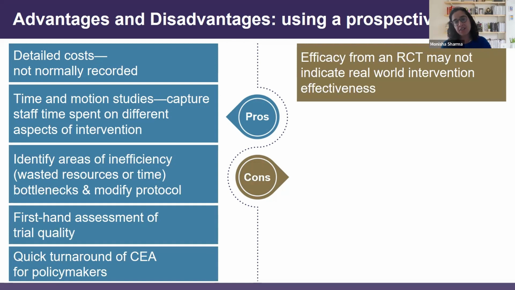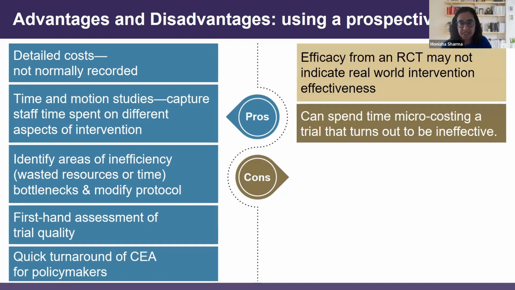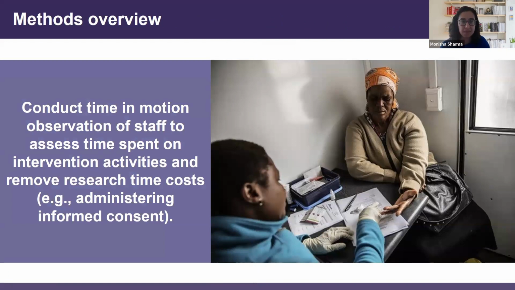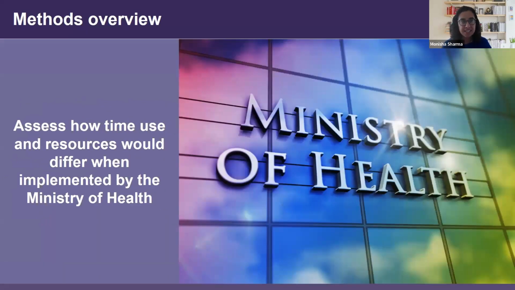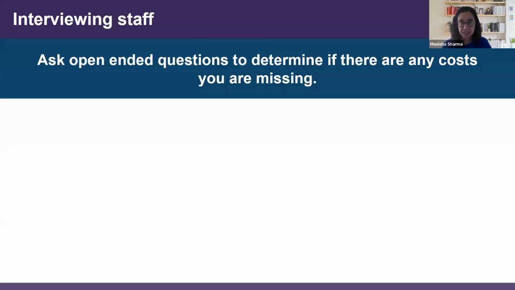Some of the cons are that an efficacy from an RCT may not translate to real world effectiveness, and you can also cost a study that turns out to not be effective. So here we conducted time and motion observation to assess time spent on intervention activities and also remove the research cost, and then assess how this would be different if it were being implemented by the Ministry of Health.